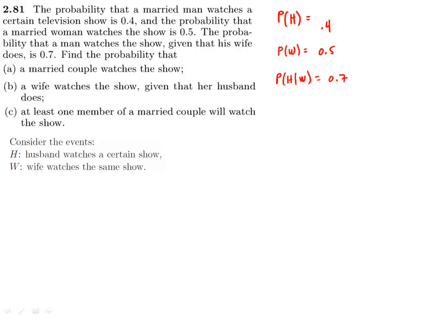So both of them are going to watch the show. How do you find that probability? That's the intersection of the events, right? The area in which both events overlap. So it's going to be this area, right? So we can find that probability as probability of H and W.